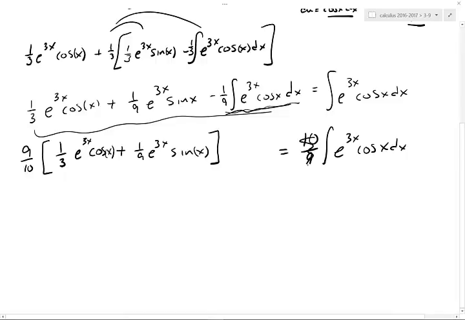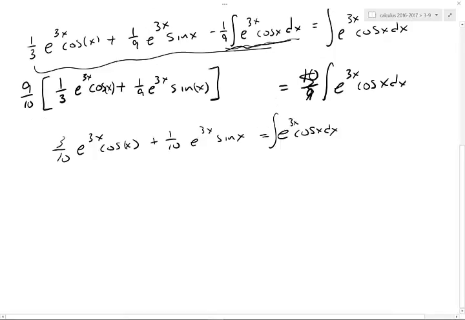And so that would give me 3/10 e to the 3x cosine x, and then plus 1/10 e to the 3x sine x. And that is the antiderivative of this guy. There it is.